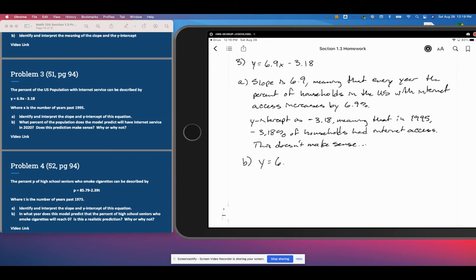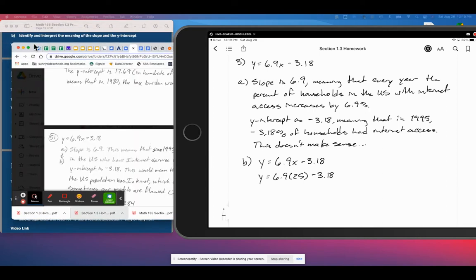So what we've got to do is take this model. And again, 2020 is 25 years later. So we would say 25 goes in for X. And we'll let Wolfram do some magic for us on that. We're going to see what we get.